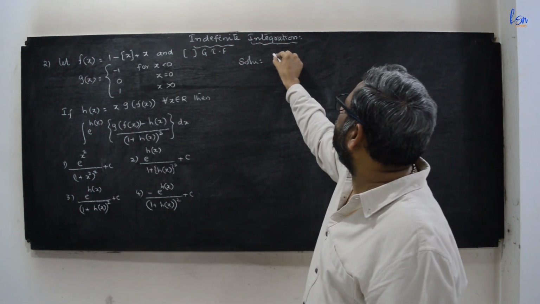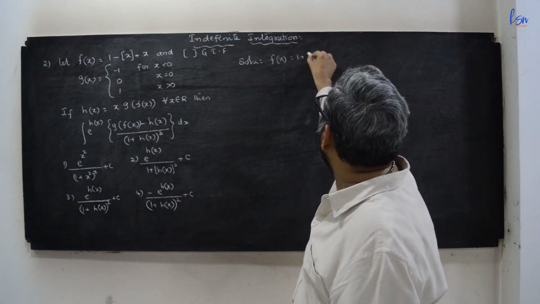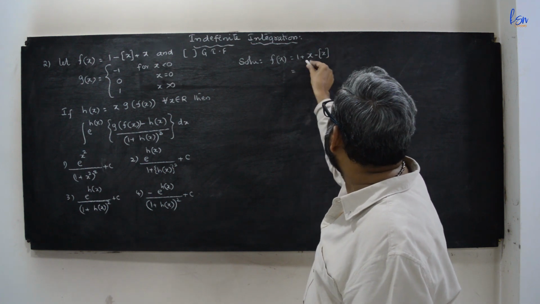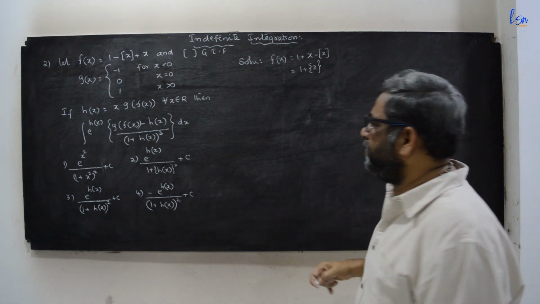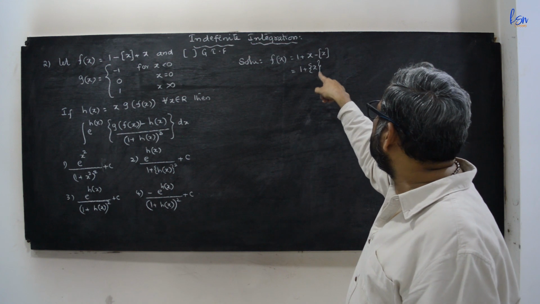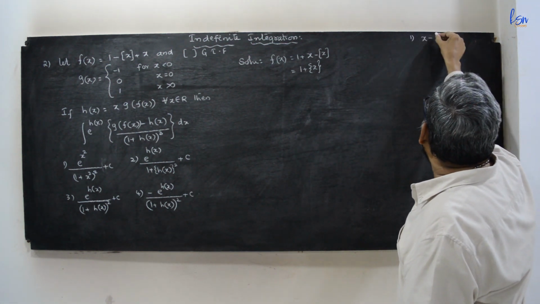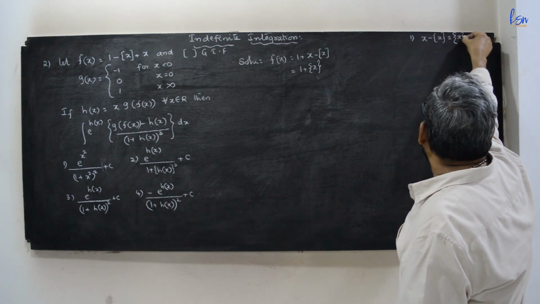Now the solution. Let us look into the solution. What is f(x)? f(x) equals 1 plus x minus [x]. x minus [x] is nothing but the fractional part of x. So 1 plus the fractional part of x. The first point is x minus [x] equals the fractional part of x.